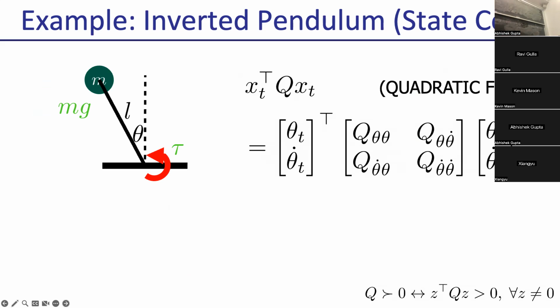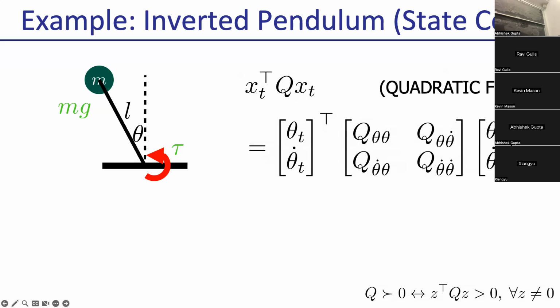The choice of these coefficients determines how much you care about position and how much you care about velocity. So for instance, I bump this one up really large, and I bump this one down to be really small. That means that my cost cares a lot more about position than it cares about velocity. And so it allows you to prioritize errors between different elements of the state. This allows you to express general cost functions.